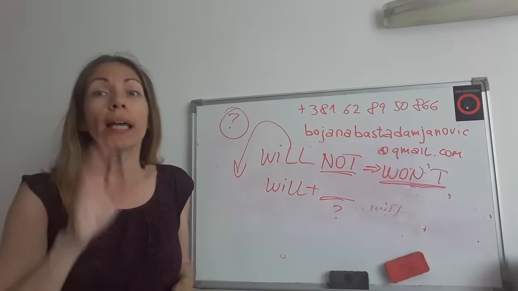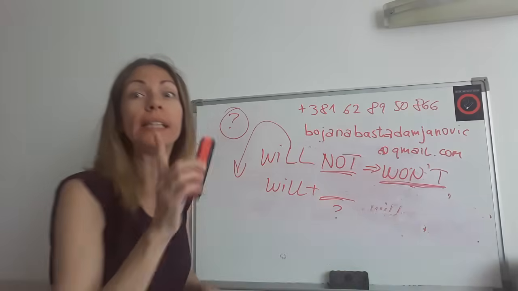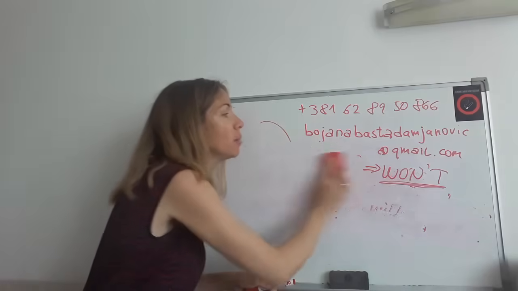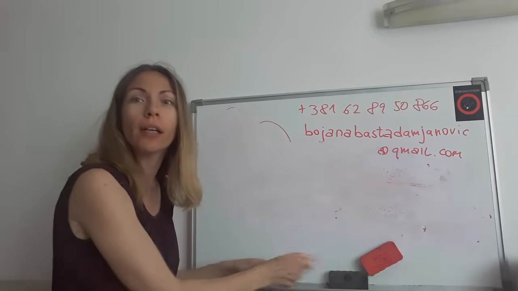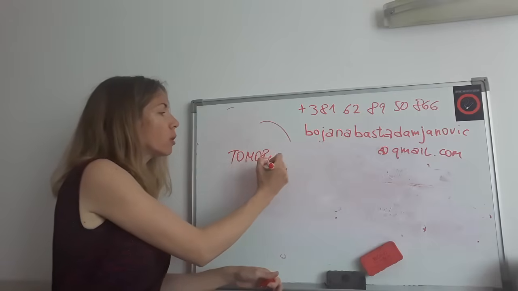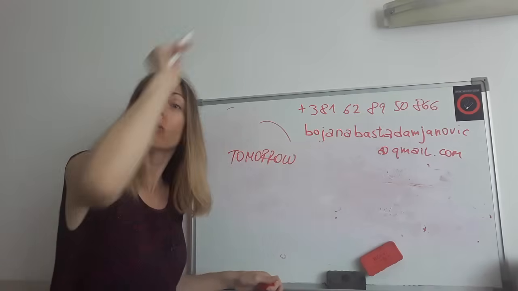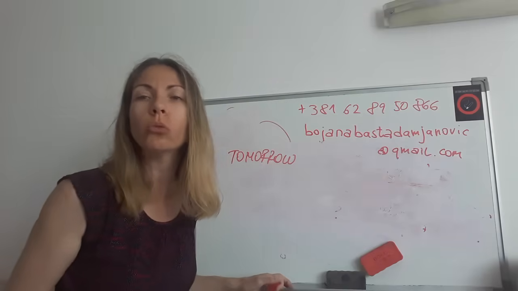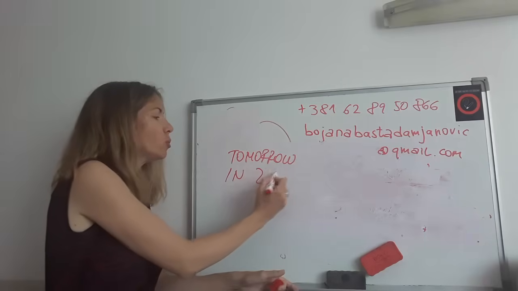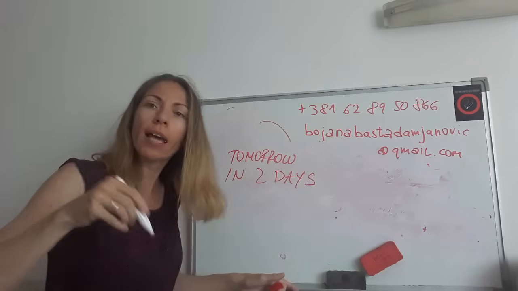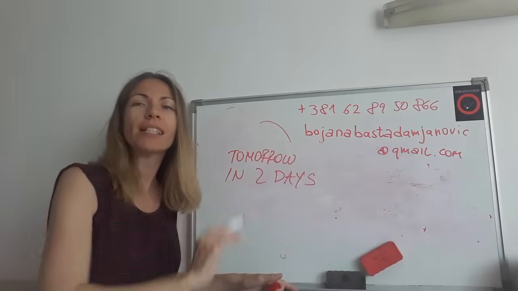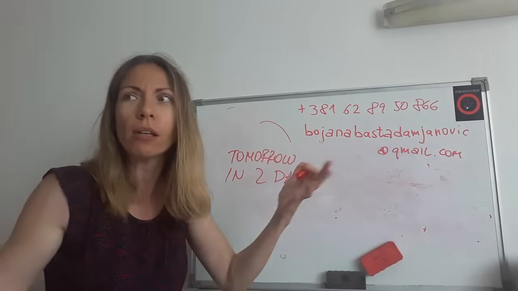Okay. Now you need to know these words that help you talk about the future. Tomorrow. Not today, tomorrow I will go to San Francisco, for example. Or in 2 days. Not today, not tomorrow, in 2 days, in 5 days, in 6 months, in 2 years, okay?